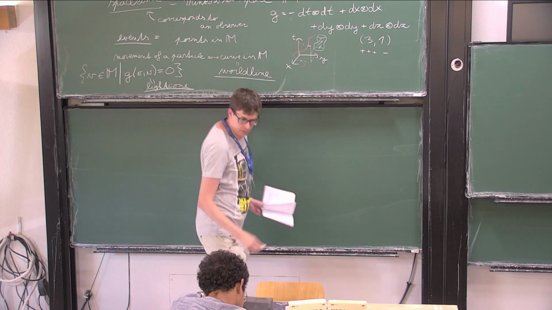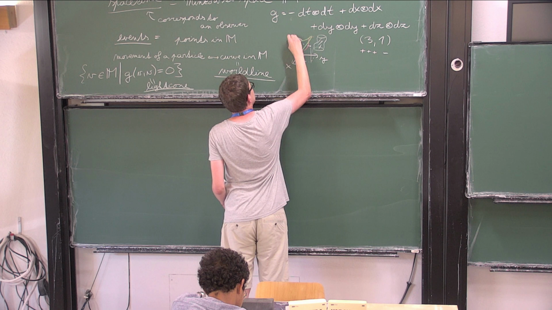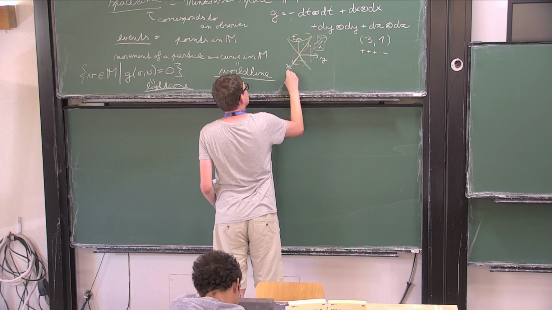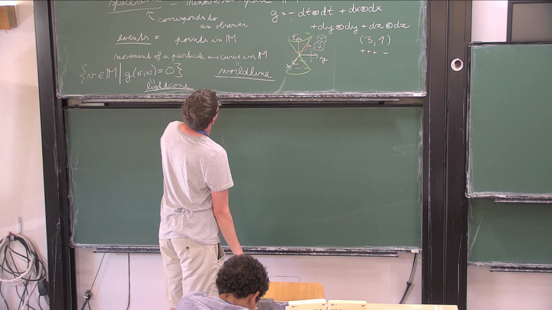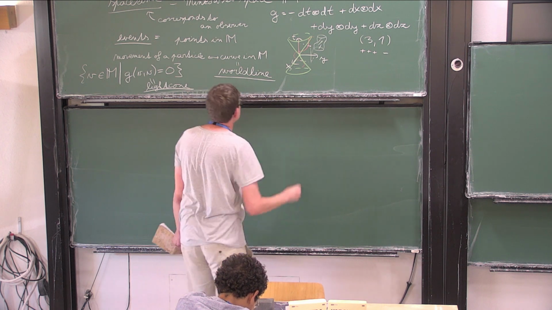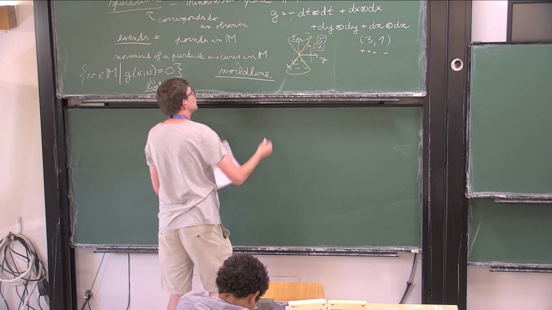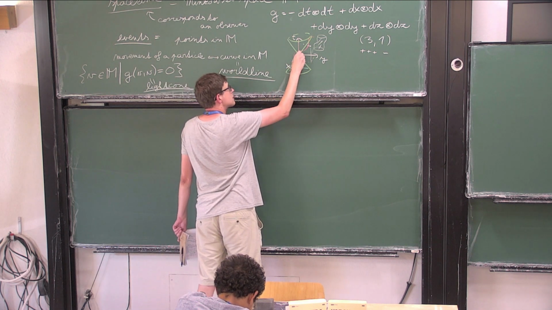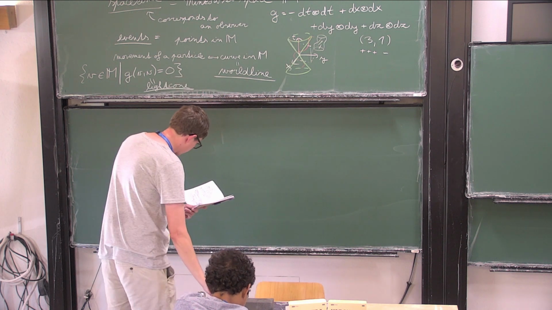In the picture, this looks like this. This corresponds to an observer sitting here, and the straight lines in this light cone correspond to trajectories of light.